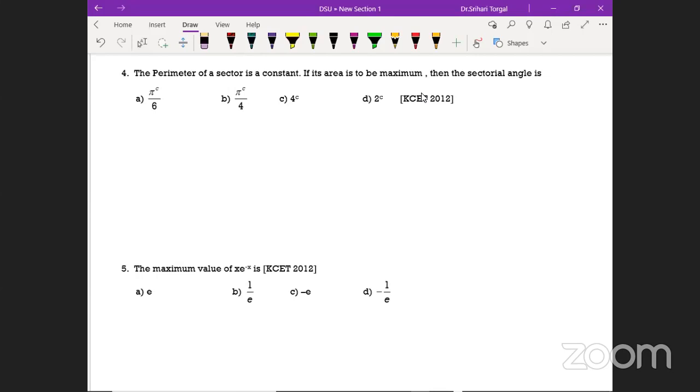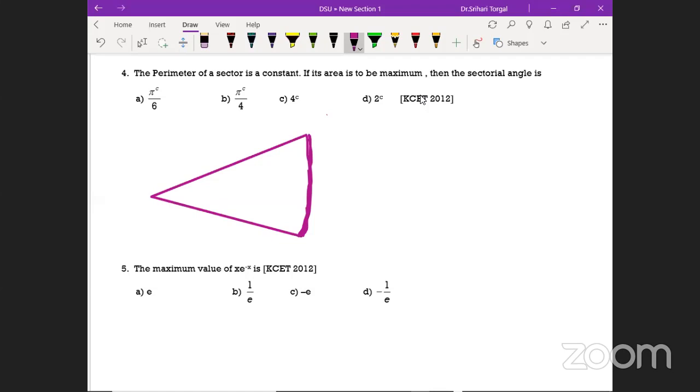Let me take a sector here, like this. Now I want to complete this with a circular connection like this.